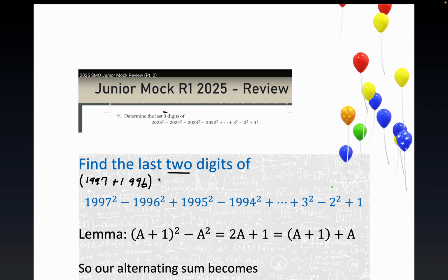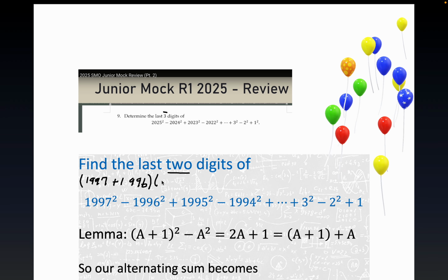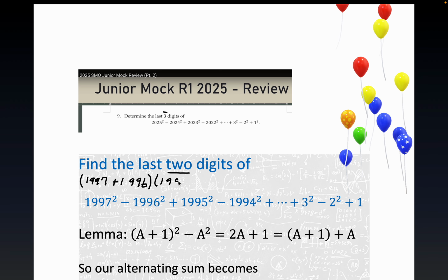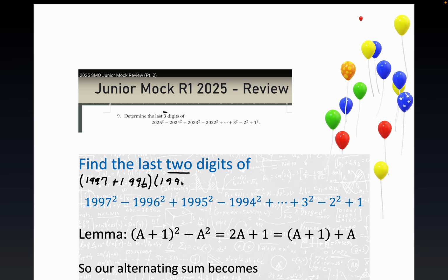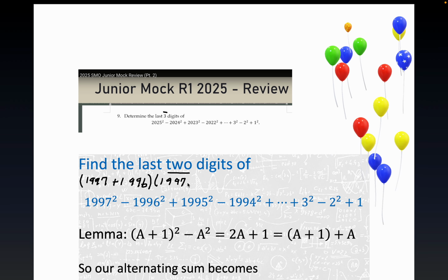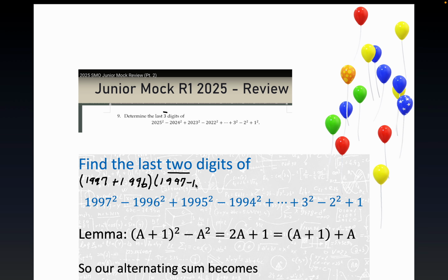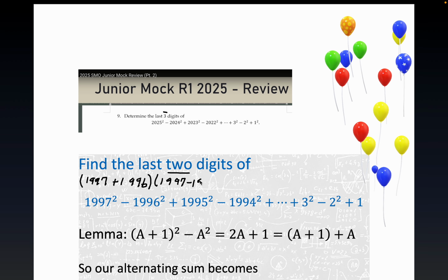Now here's where we get our money out of the difference of two squares. Now you have 1997, and this is why this is a junior problem. It's not particularly hard to notice this, but if you don't notice it, you're just stuck, really. Now, 1997 minus 1996.